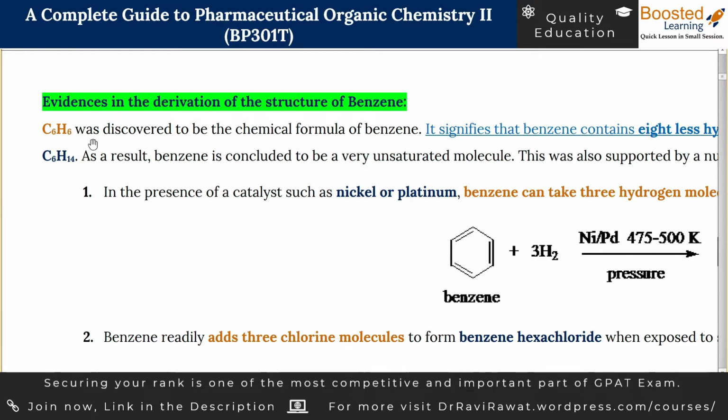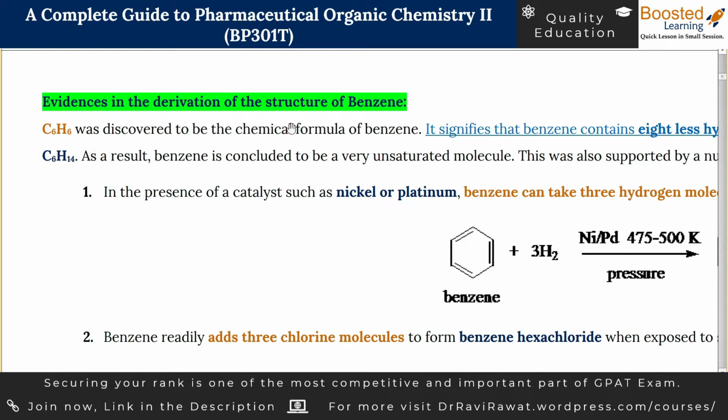That means there were 6 carbons in the compound and also 6 hydrogens. It was way back around the 1850s, and people at that time used to pay a lot of attention to the molecular formula itself.